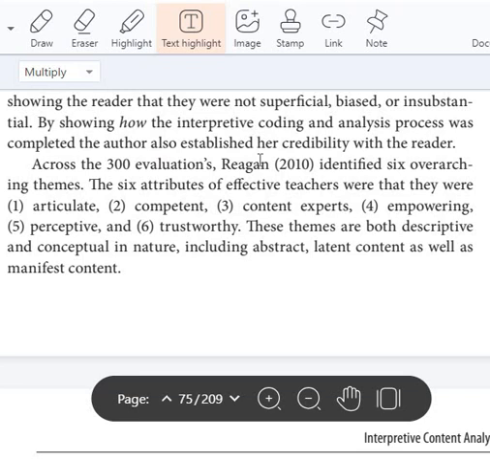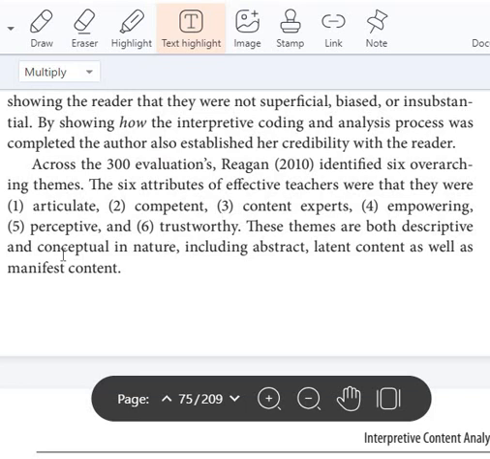So these are the initials of these 6 themes used by Reagan. The 6 attributes of effective teachers were that they were articulate, competent, content experts, empowering, perceptive, and trustworthy. As you can see, A, C, C, E, P, and T.